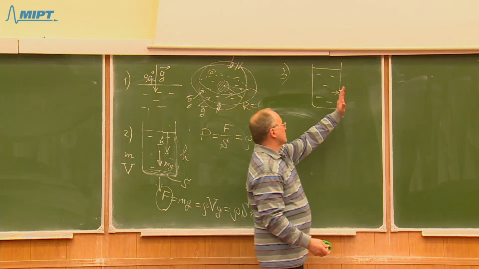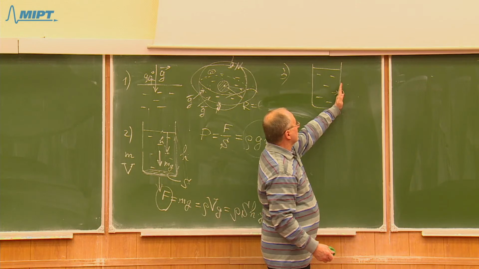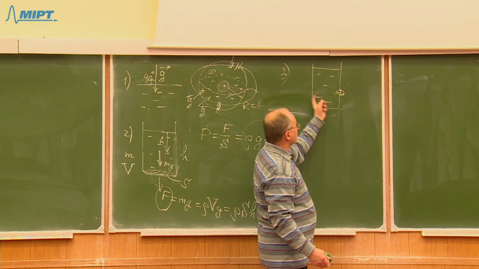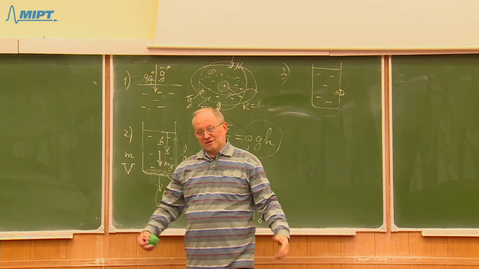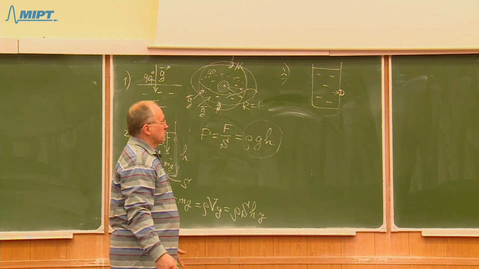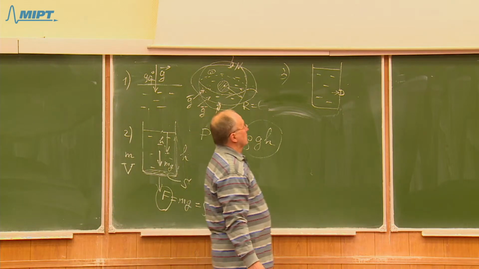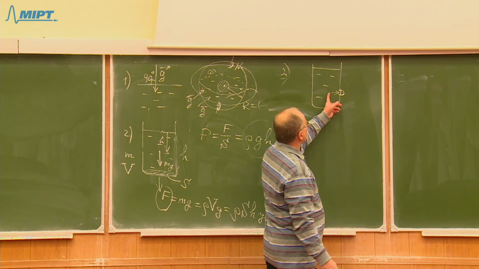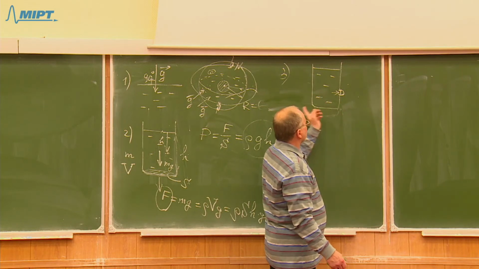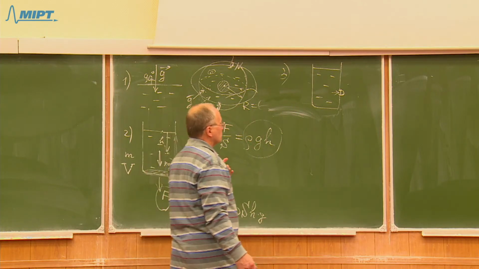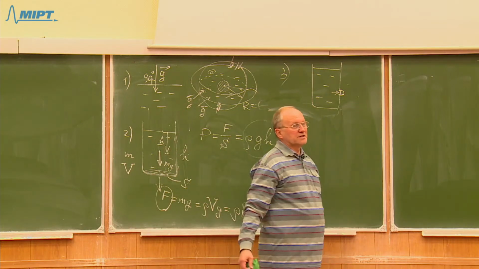The rubber membrane, which originally was flat, will become bulging outward because of the pressure inside the liquid. That observation may serve as an experimental proof that pressure in liquid is directed in any direction. Whatever direction you choose, you will find the pressure in this direction.